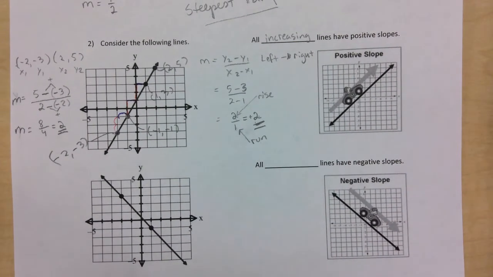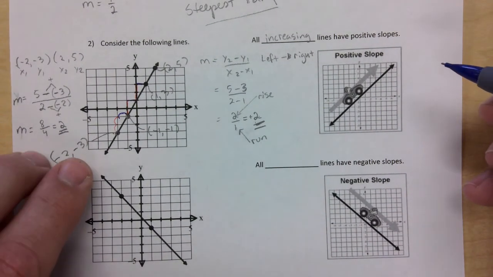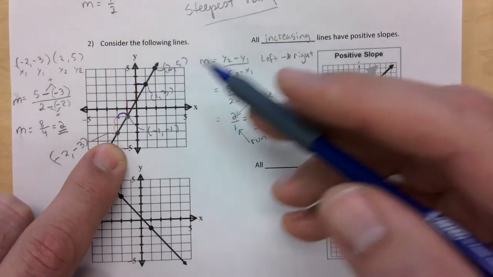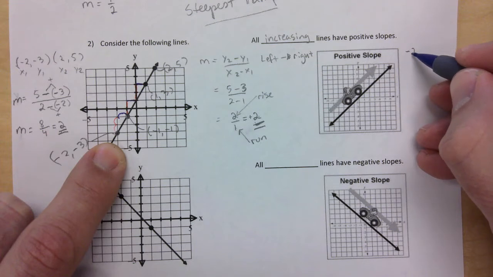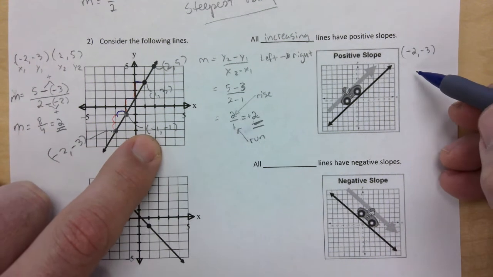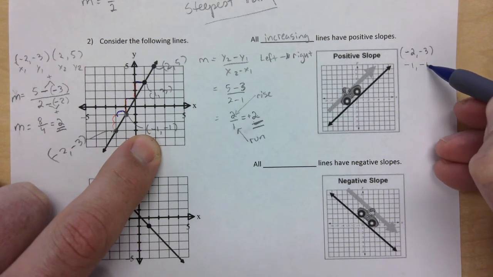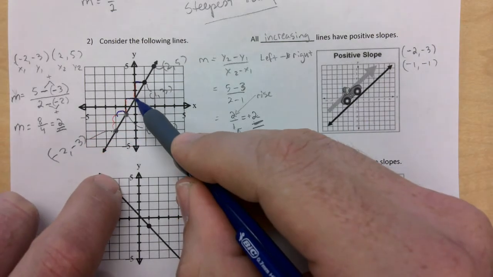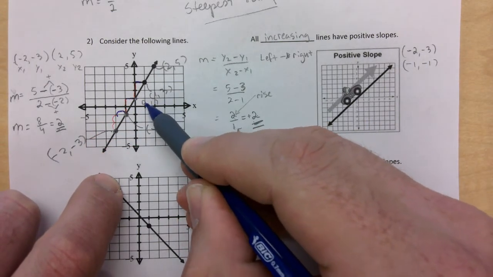I will go a little further. I apologize for that. But let's write these points down here. -2, -3. Ordered pairs, right? And then I go -1, -1. And then this point right here was 0, 1.